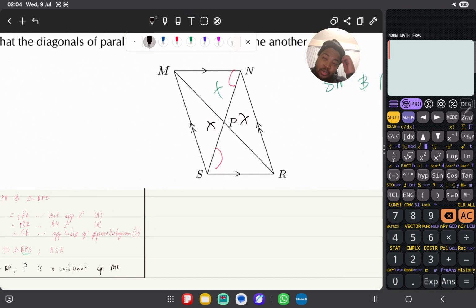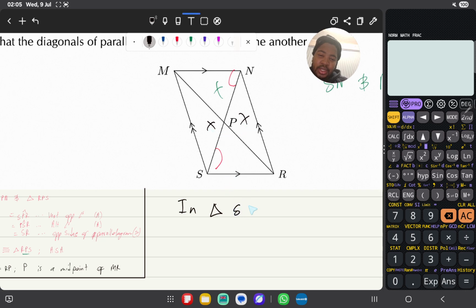Alright, so we focus on these other two triangles. It will basically be, you see, the exact same thing we've just done. We're gonna do exactly that, right? So now you have, let's see, in triangle, so it's this one and this one.